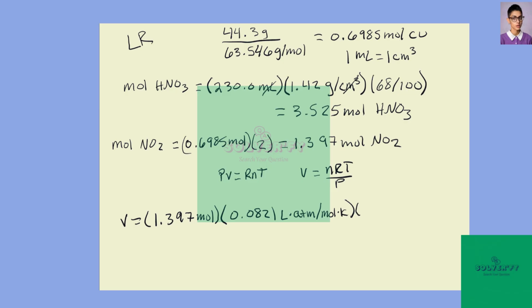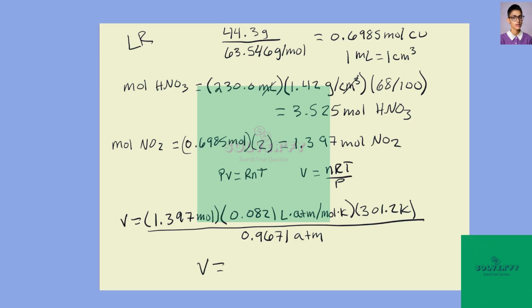And we're going to times that by our temperature, which is 301.2 Kelvin. And we are going to divide all of this by our pressure, which is 0.9671 atmospheres. So when we calculate all of this out, our new volume is going to be 35.72 liters of nitrogen dioxide.